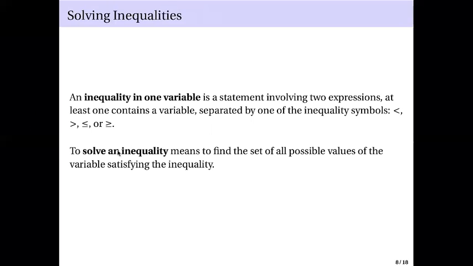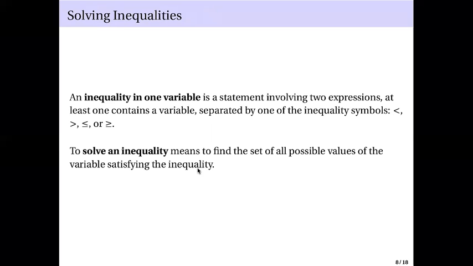To solve an inequality means to find the set of all possible values of the variable satisfying the inequality. So unlike a linear equation, which has a maximum of one solution, a quadratic equation has a maximum of two solutions.